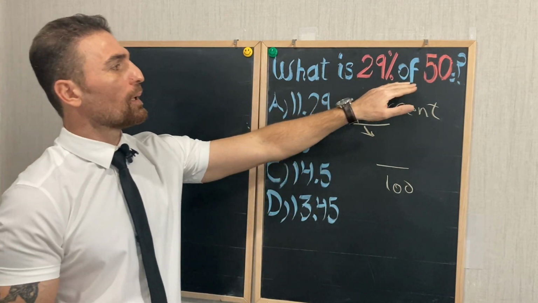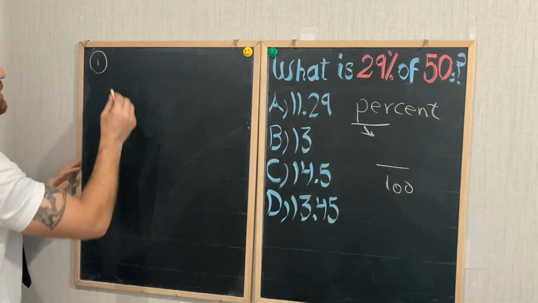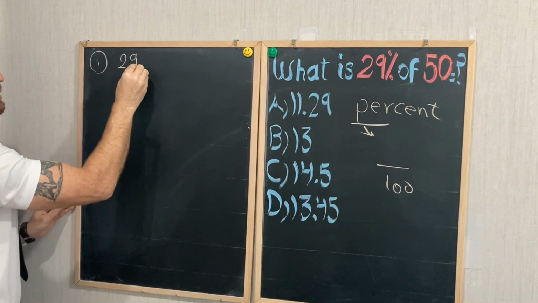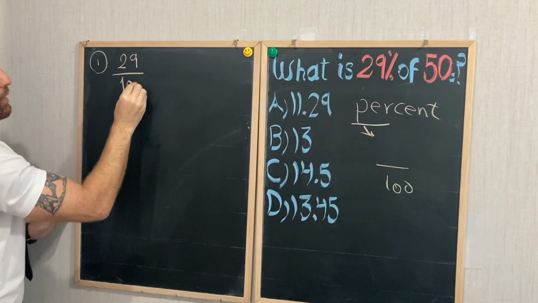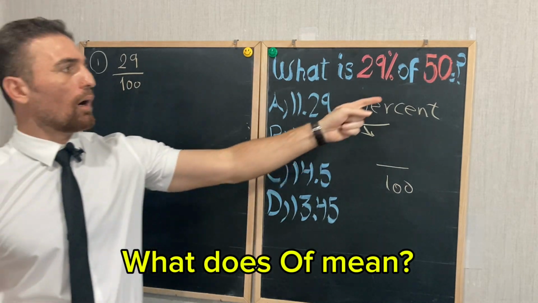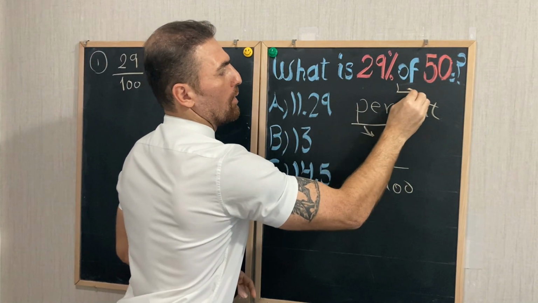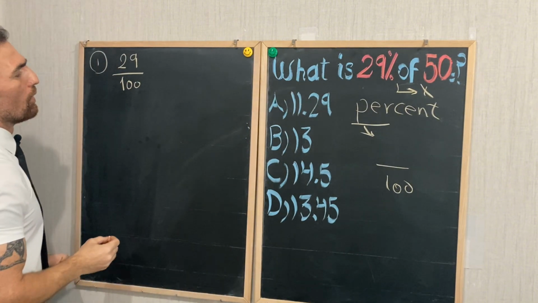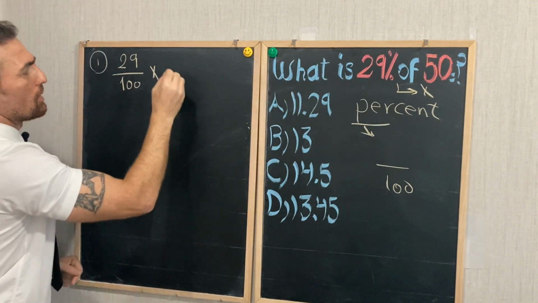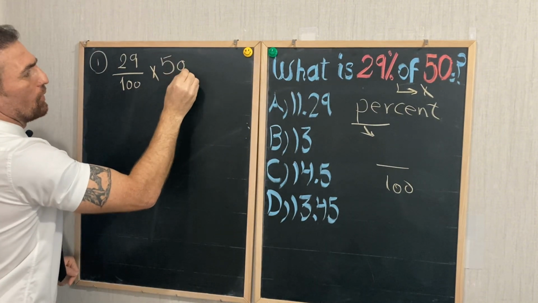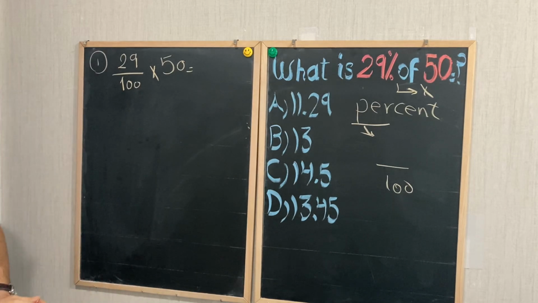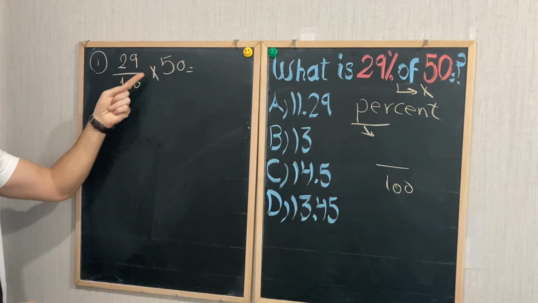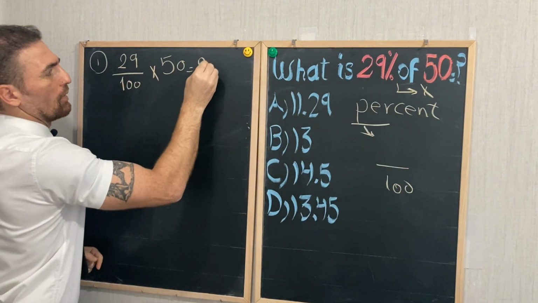So 29% of 50. It's gonna be 29 over 100. What does of mean? Here, of means times. 29 over 100 times 50. A very simple expression. 29 times 50 over 100.